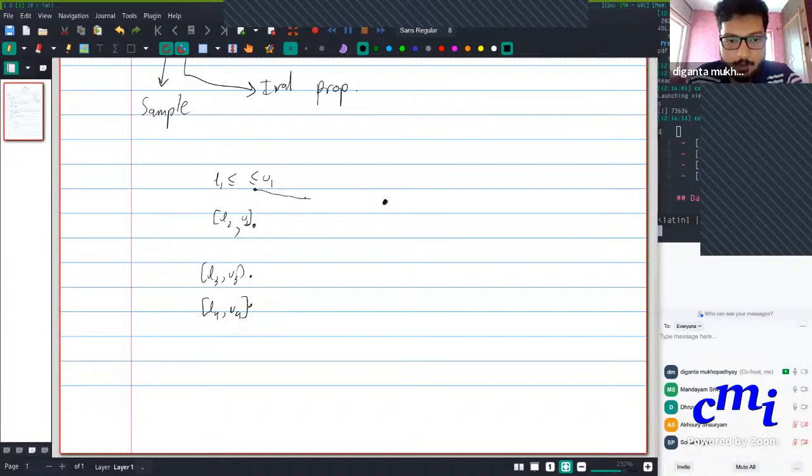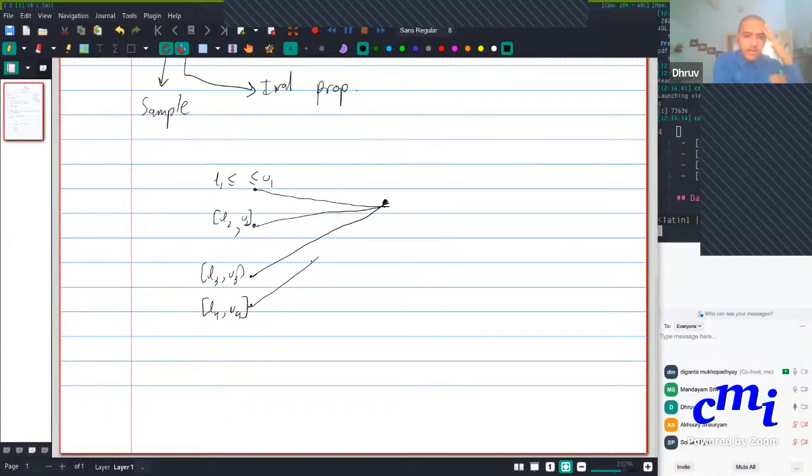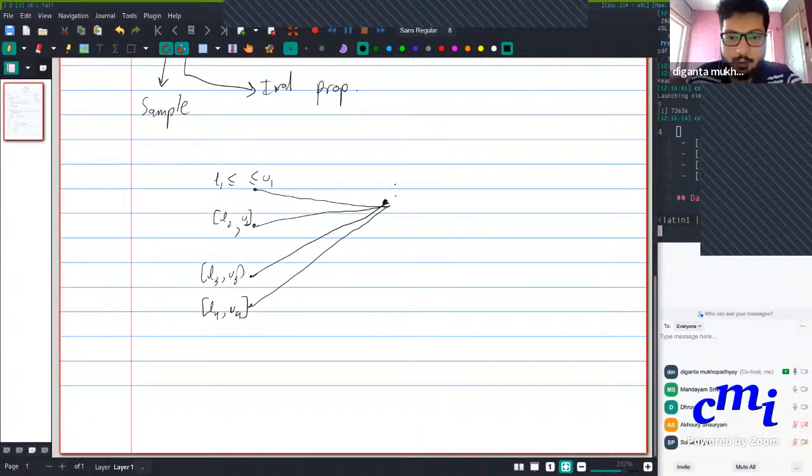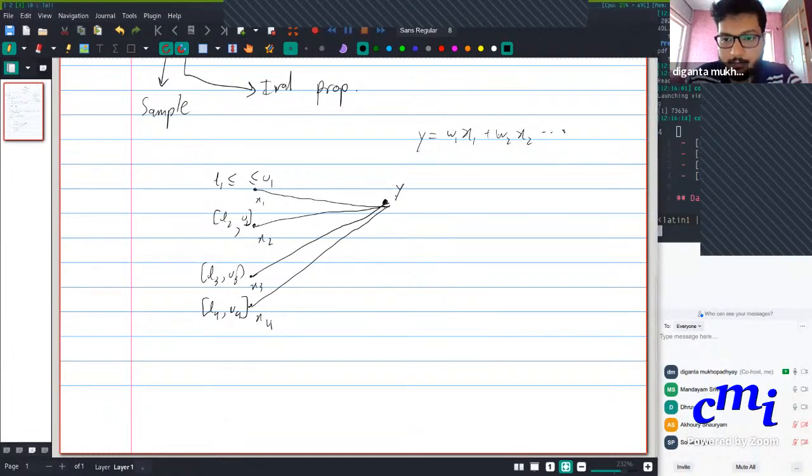This connects up via some weights and biases. If we call this node's output Y, and the previous nodes X1, X2, X3, X4, then Y is going to be W1 X1 plus W2 X2 up till W4 X4.